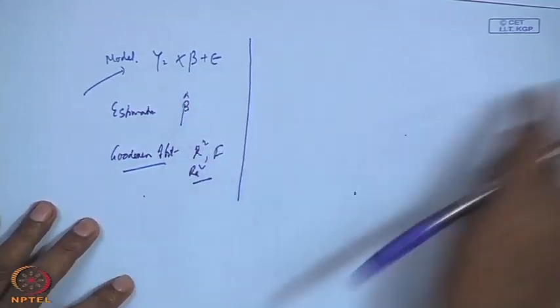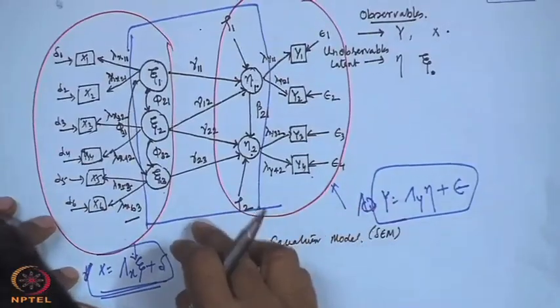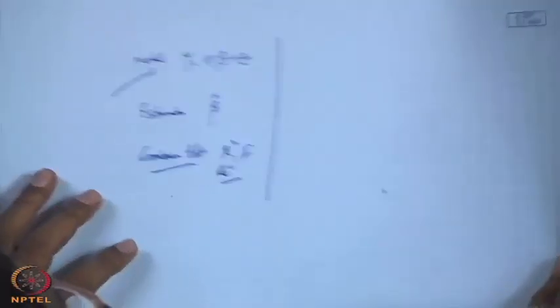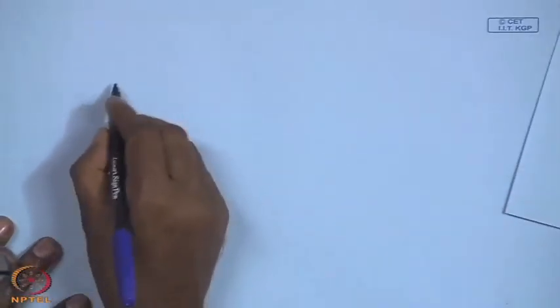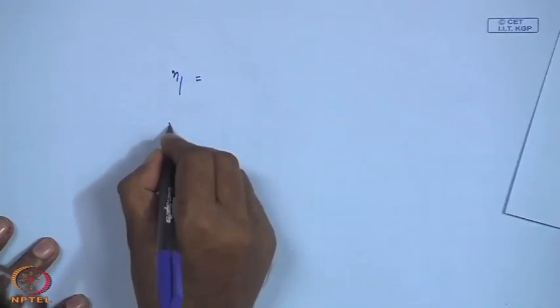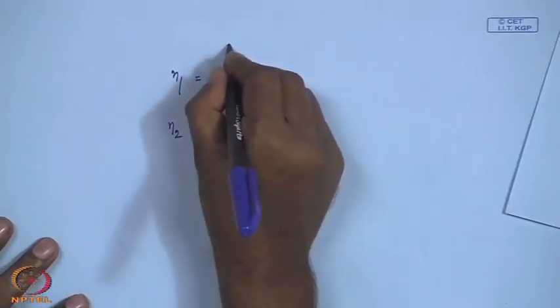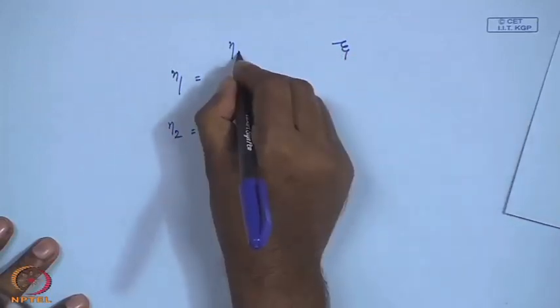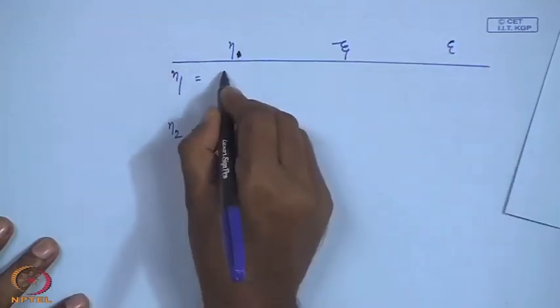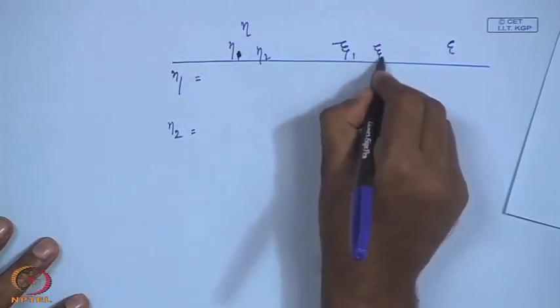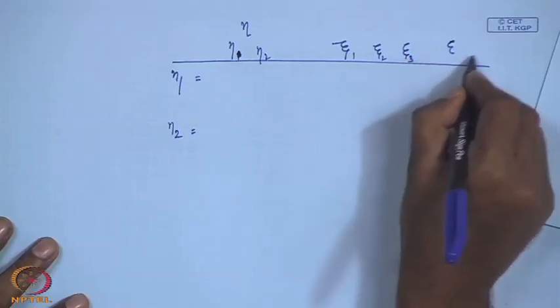So here also, if I look at this structural equation model, are you not getting structural equations like this? The equations will be for eta 1 and eta 2 in this case, and there will be eta 1, xi and error, that is the path structure. Under this, eta 1 and eta 2, then xi 1, xi 2, xi 3, all those things.